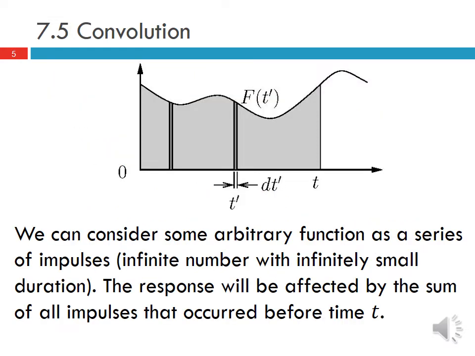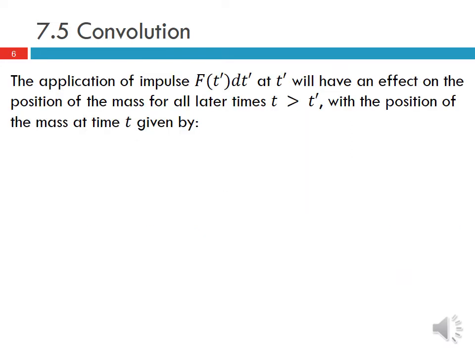So we can consider some arbitrary function as a series of impulses, an infinite number with infinitely small duration. The response will be affected by the sum of all of the impulses that occurred before the time t. The application of an impulse, F of t prime dt prime at t prime, will have an effect on the position of the mass for all later times t greater than t prime, with the position of the mass at time t given by this expression.